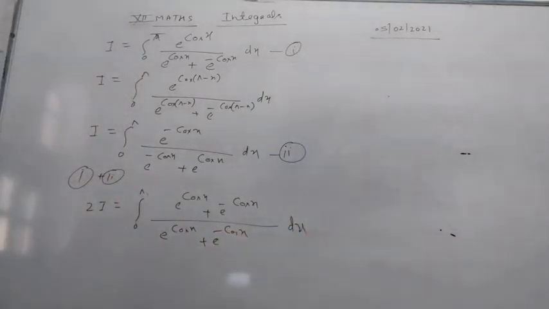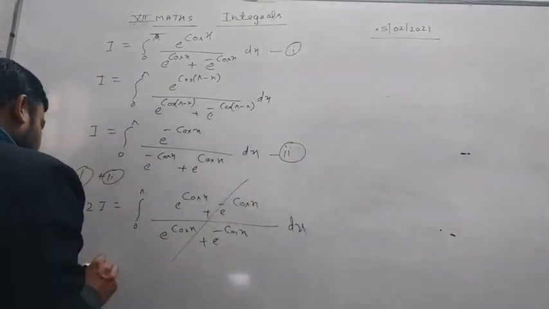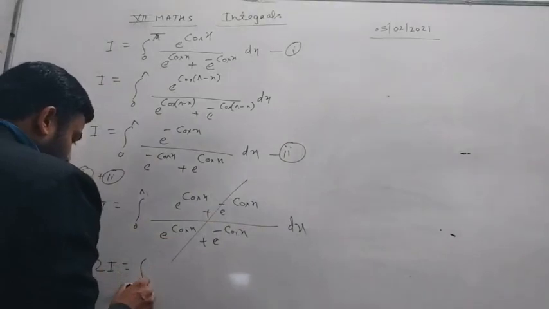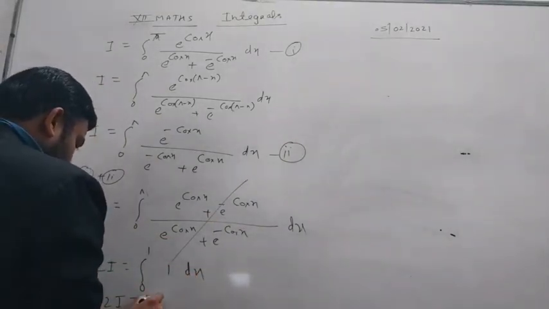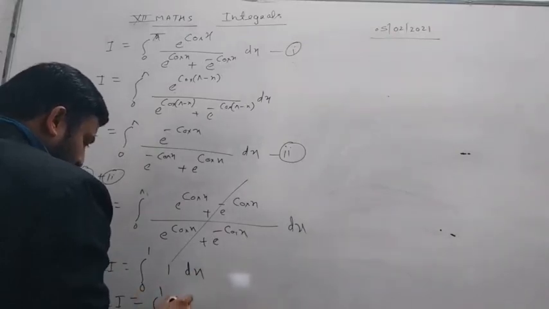Okay friends, now we see that this part is cancelled, so 2I is equal to the integral from 0 to pi of 1 dx. So 2I is equal to the integral from 0 to pi of 1 dx.